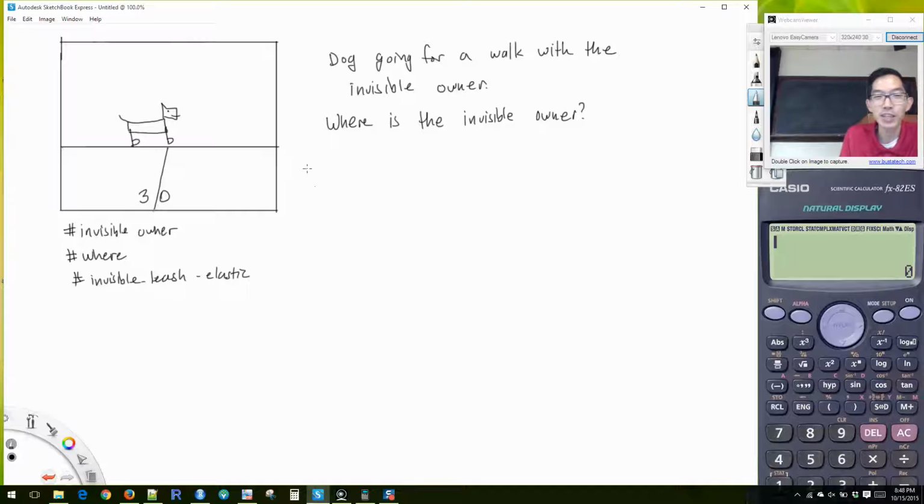We know that the dog is on an invisible leash, and we know the behavior of the dog and the elastic invisible leash.